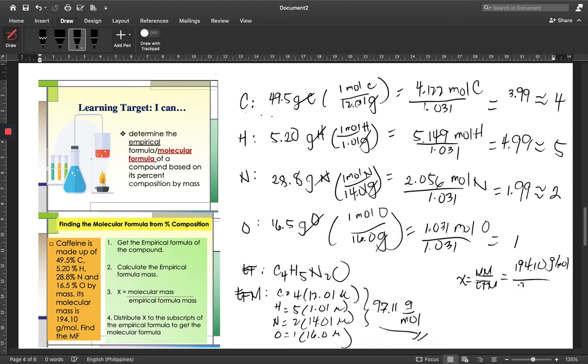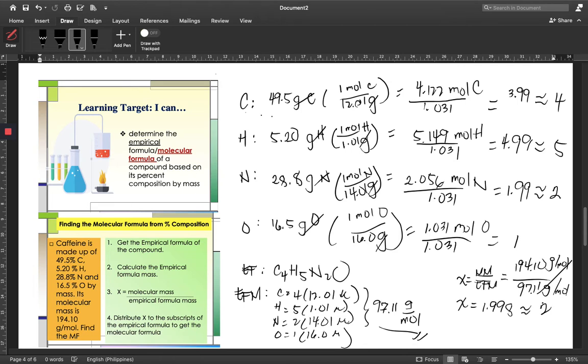So this is 194.10 divided by 97.11 grams per mole. Notice how we can cancel our units on grams per mole so that we end up with a unitless multiplier. So our x is equal to 1.99998, right? And then this is already approximately equal to 2. So we will just round it off to 2.